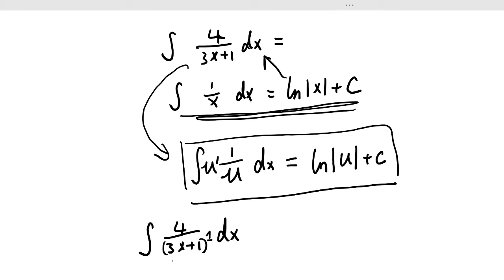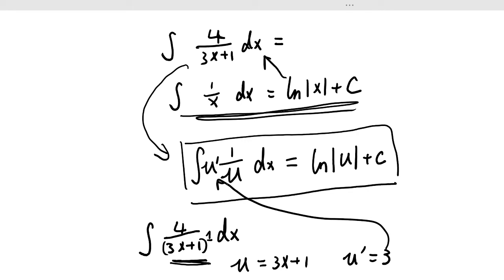Now I know the denominator right here is not x, so I'm going to define my denominator to be u. So u is 3x plus 1. My u prime is 3. Do I have a 3 in front? I don't. So we have to make it. We're going to do the same way we did for the power rule before. I'm going to give 1/3.